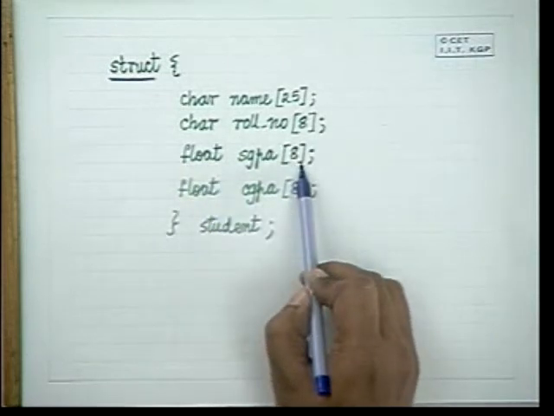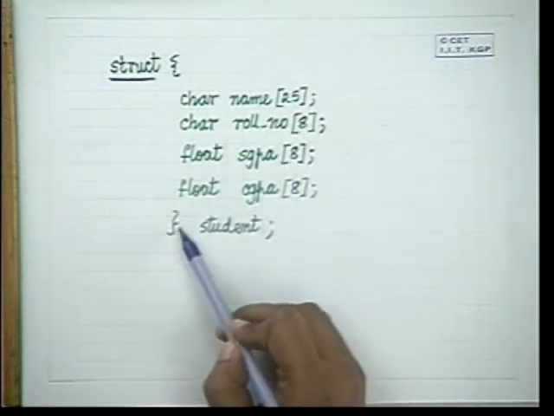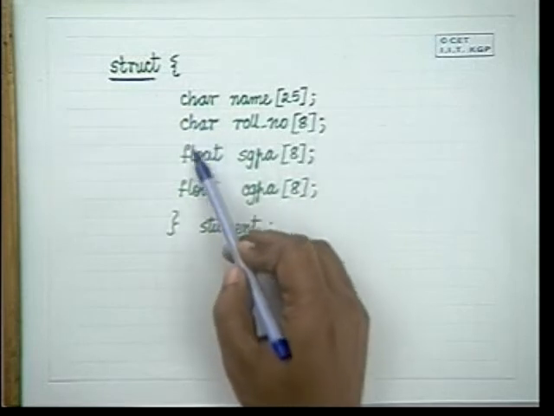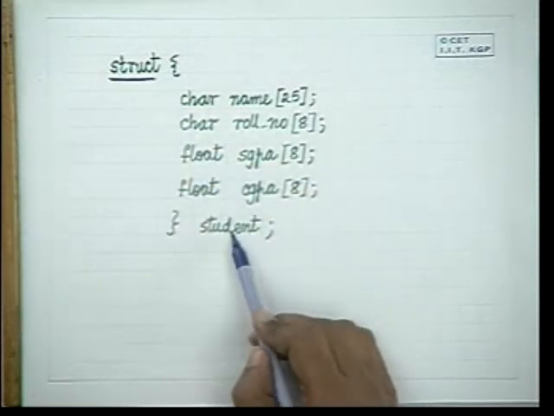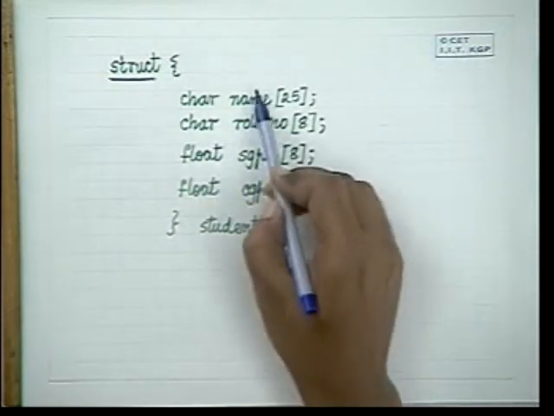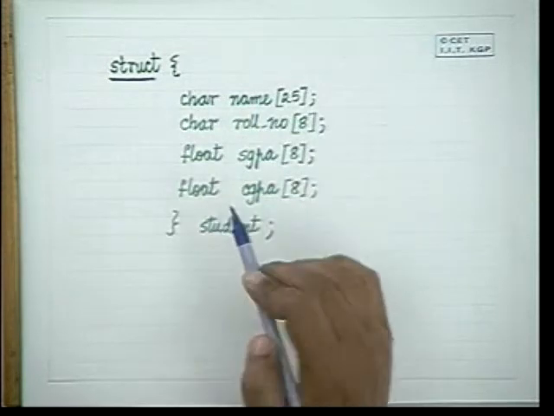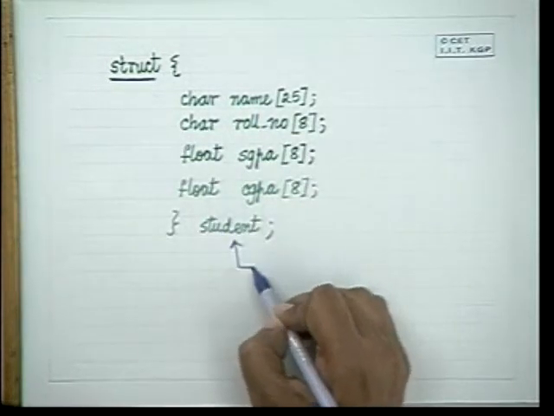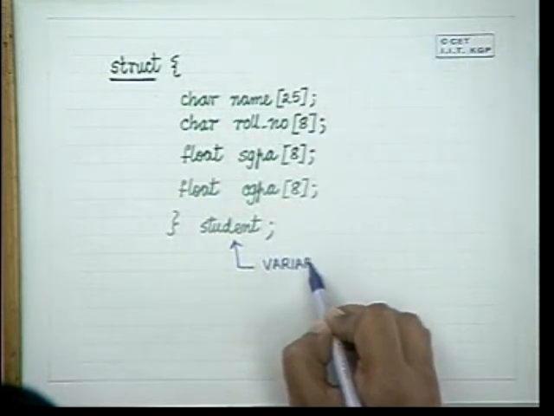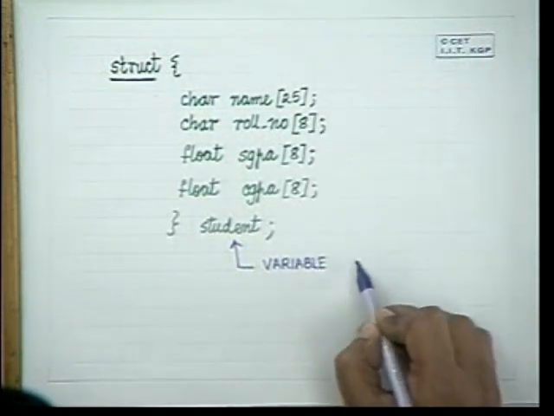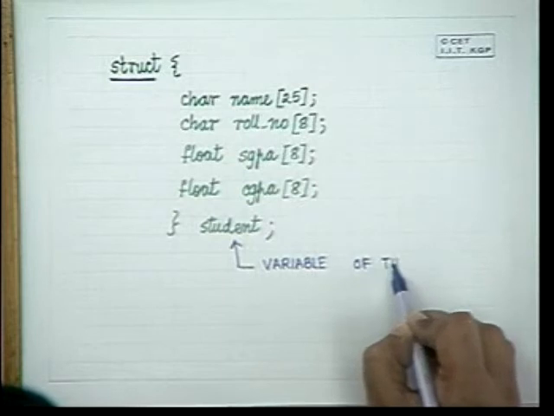Float SGPA 8, float CGPA 8, bracket closed. So this defines this structure, and student is a variable. In this format, student is a variable having this structure, of the given structure.